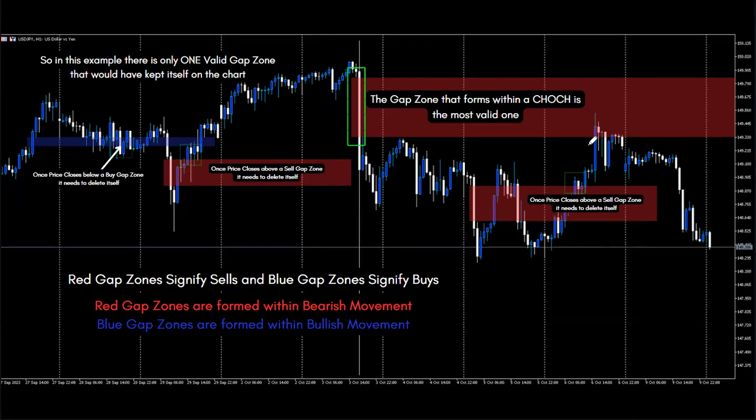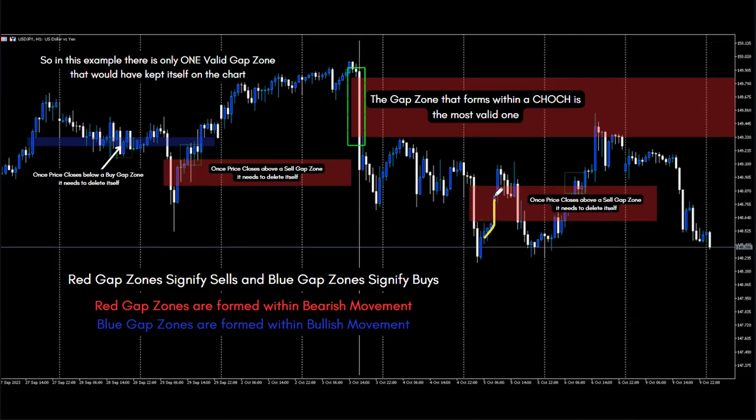And the moment that price, hold on, let me do this real quick. So like this one right here, once price closes above a sell gap zone, it needs to delete itself. So you need to delete this zone the moment that price closes above it. So this gap was formed from this wick here and this wick here.